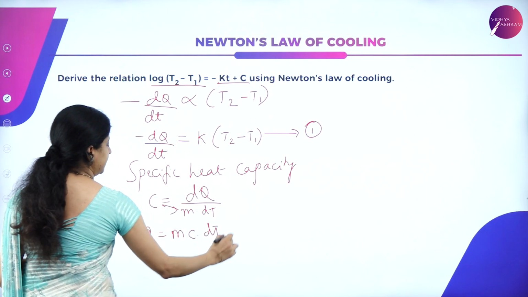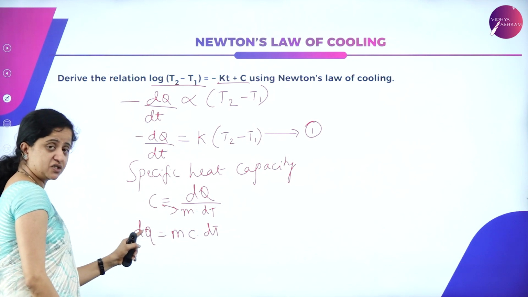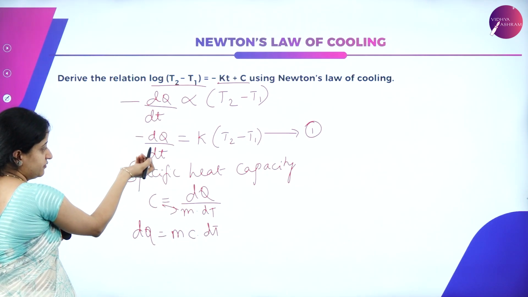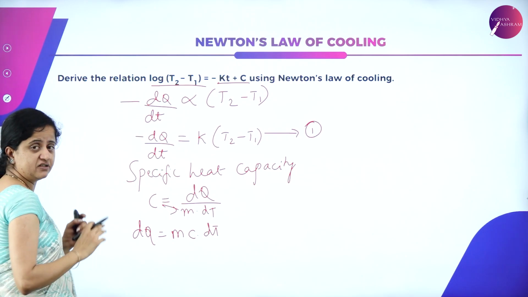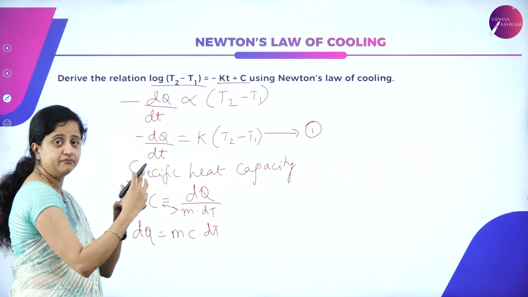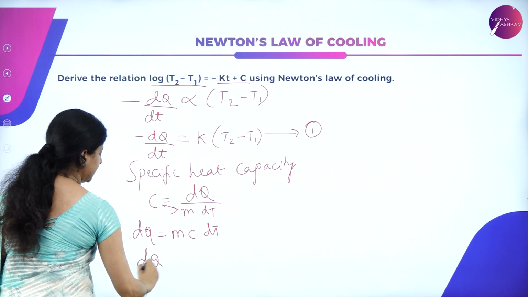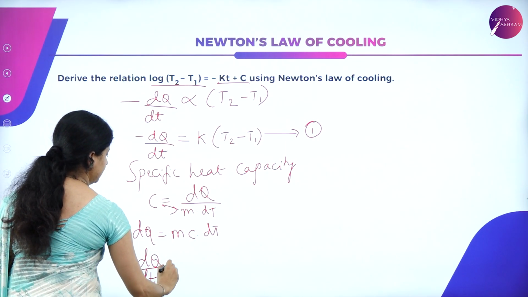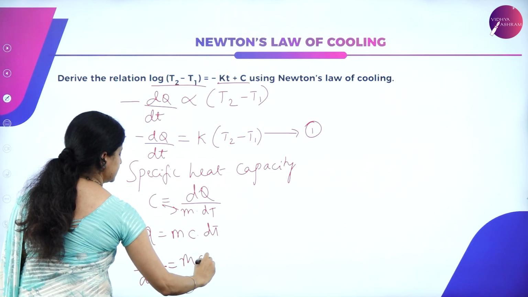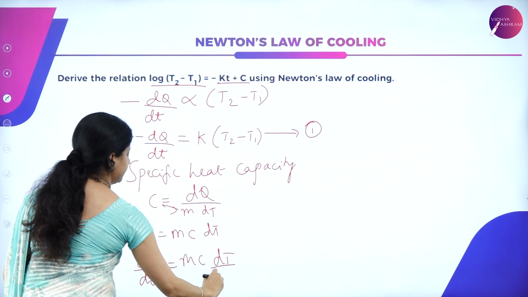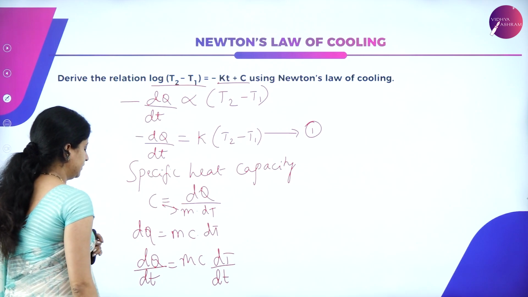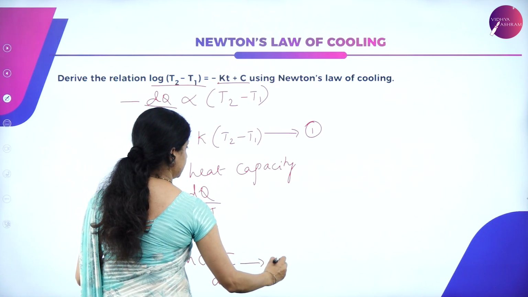Look at equation 1, we have dq divided by dt, which means how the heat is flowing with respect to time. So writing the above equation with respect to time, we get dq divided by dt, which is equal to mc dT divided by dt, and I'll call this equation 2.